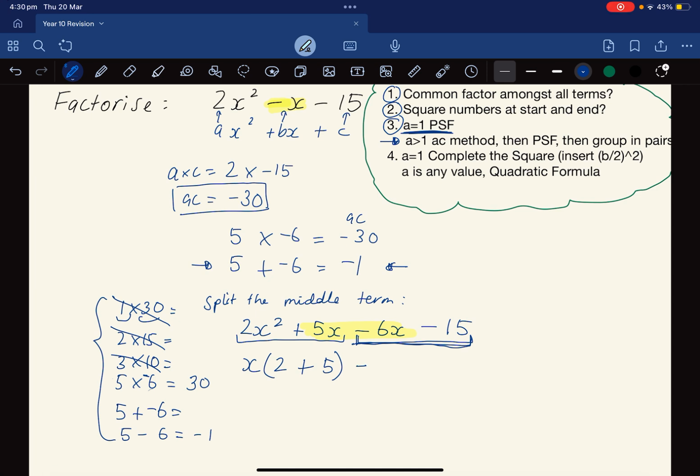And is there any common factors there? I don't think so. So what have we got? I think we might have to rearrange it a little bit, because there's no common factors there except negative 1. So in that case, we can just switch up the 5x and negative 6x. So I'm going to do negative 6x plus 5x.